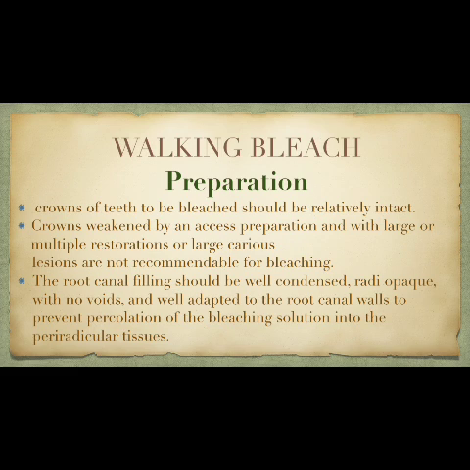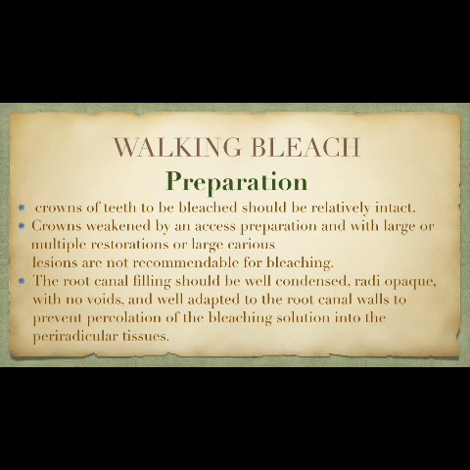Before doing a bleaching, we should prepare the tooth. The crown of the tooth to be bleached should be relatively intact. Some features are not recommended for bleaching. Those are crowns weakened by access preparation, or large or multiple restorations, or teeth with large caries lesions. These are not recommended for bleaching.